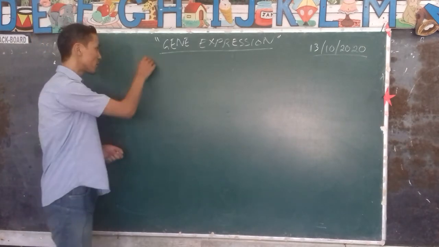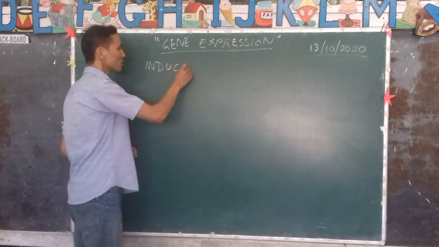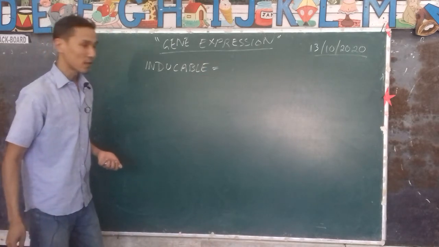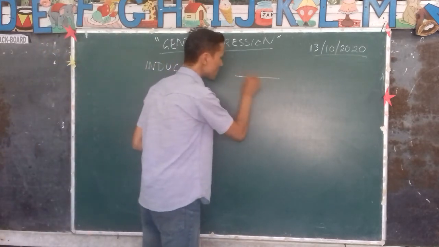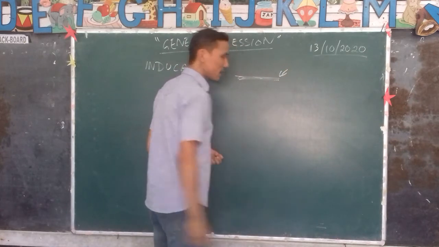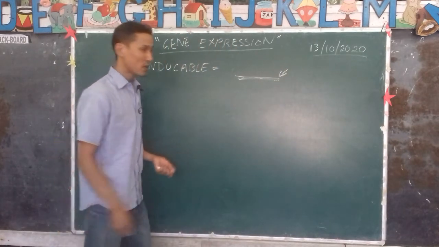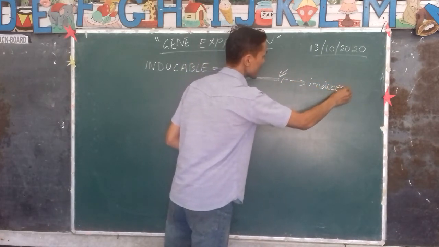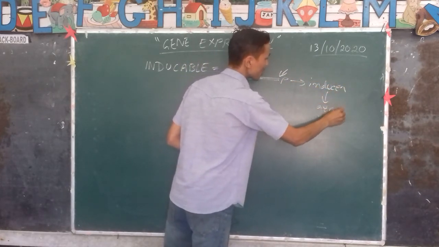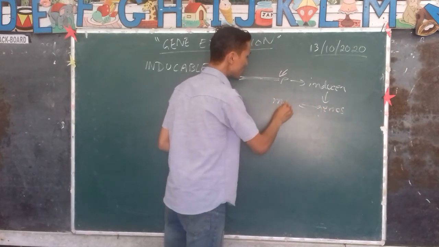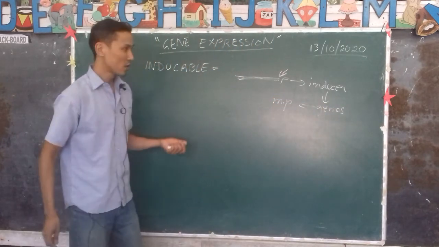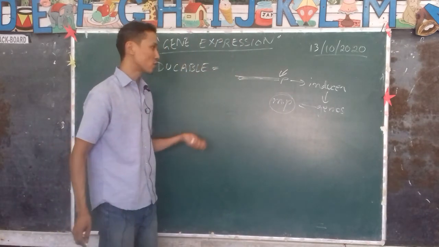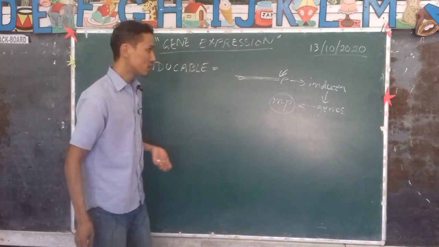By inducible system, what it means is, if you want to produce a certain protein, you add that substance to the medium. It acts as an inducer, which acts on the genes to produce more protein. So in this case, the system is being induced to produce more proteins. Such an example is called an inducible system.